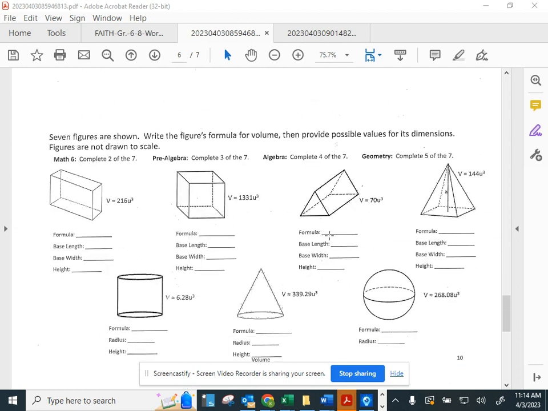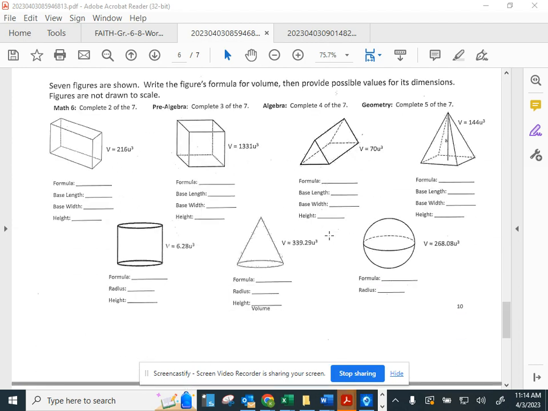All right, our next one is our formulas page. So, same formulas that we've been using the last few packets, and then I'm going to give us some numbers that we can fill in, and we're going to solve them the same way that we've been solving in our last packets. So our formula for our rectangular prism is length times width times height. Formula for the cube is side cubed.